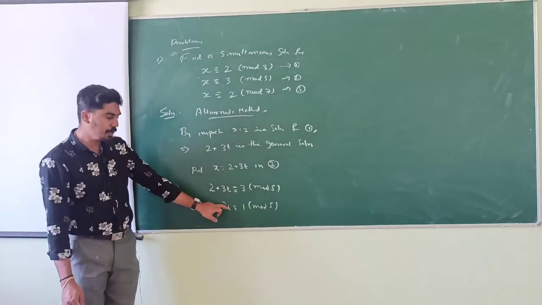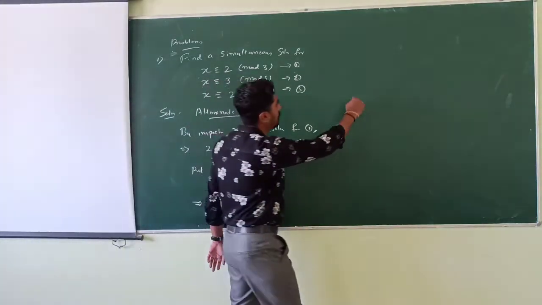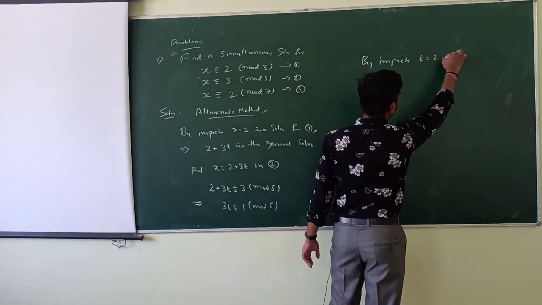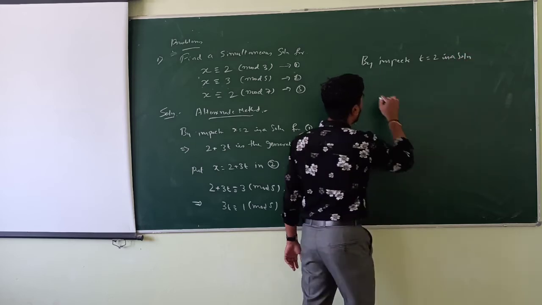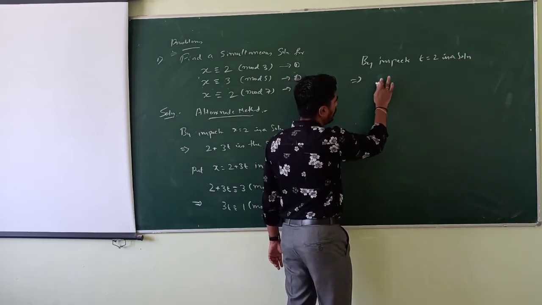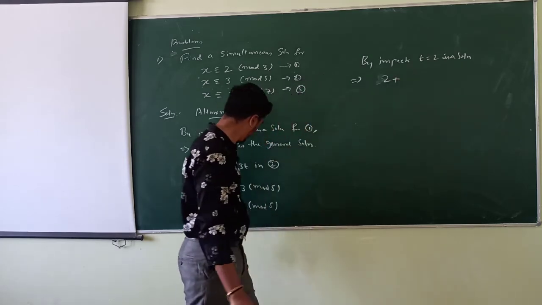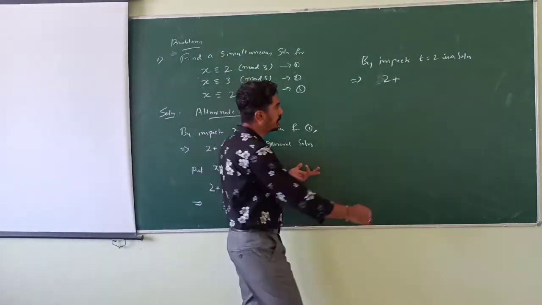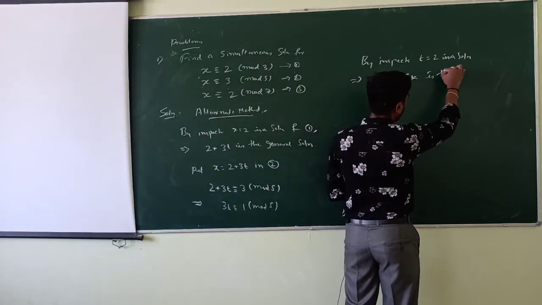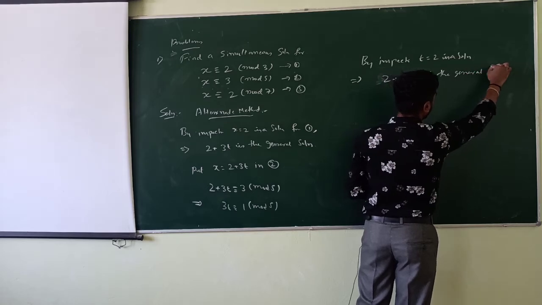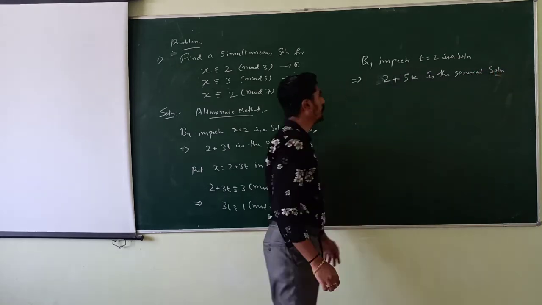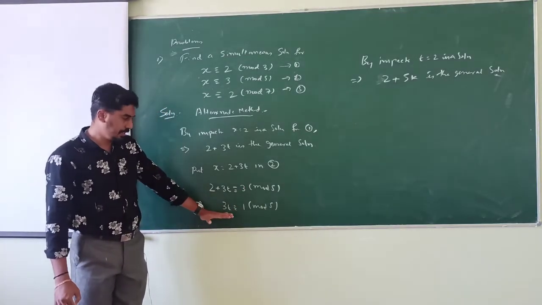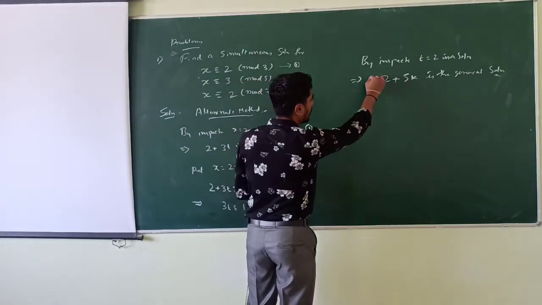I see that t equal to 2 is a solution, and therefore 2 plus 5k is the general solution. So t equal to 2 plus 5k.